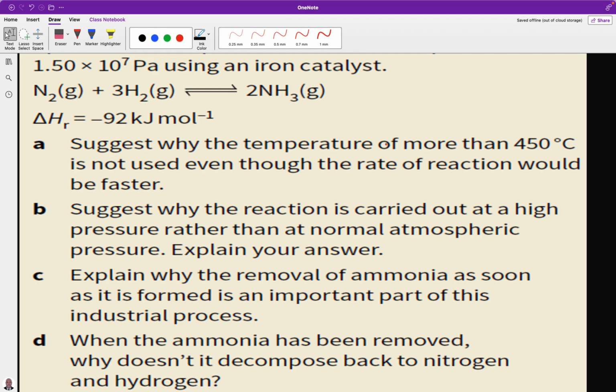Ammonia is condensed to liquid, and besides that, it has a higher boiling point than nitrogen and hydrogen. It makes it difficult to be decomposed back to nitrogen and hydrogen. The reason is ammonia has a higher boiling point than nitrogen and hydrogen, and it's difficult for this liquid to be decomposed back to nitrogen and hydrogen. Finish.